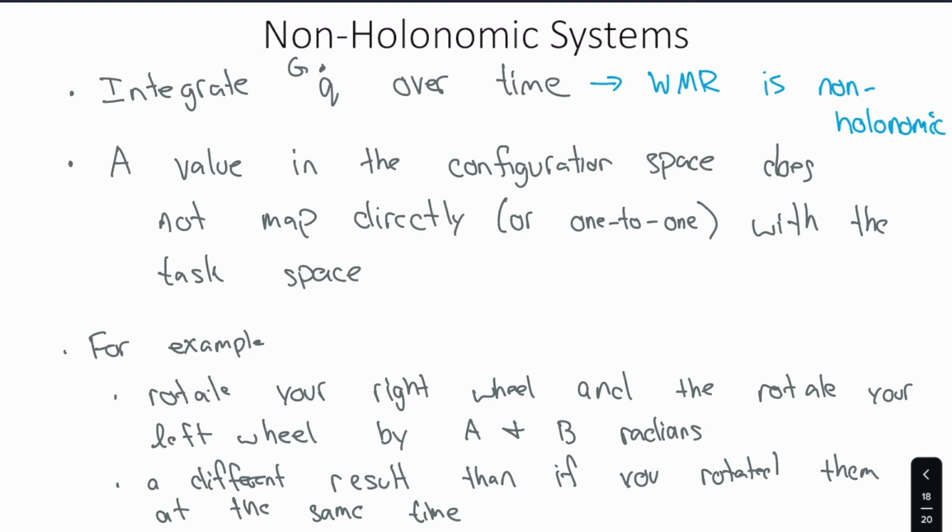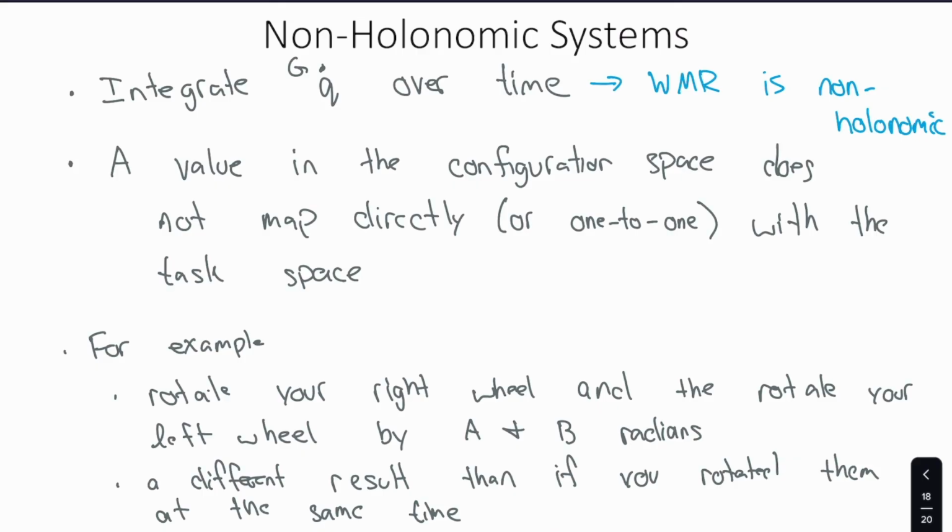And you would have the exact same final values for phi left and phi right. I'm not talking about the dot versions, just the final angles of the wheels themselves. So you could perform the exact same operations on each motor and end up in two different places depending on the sequence of how you commanded those motors to turn.